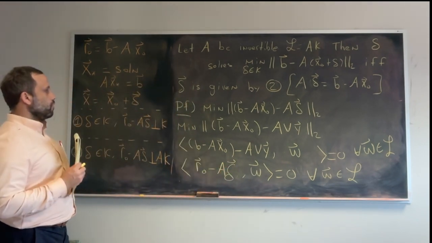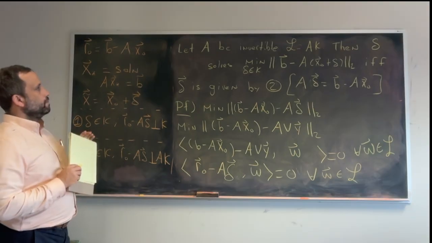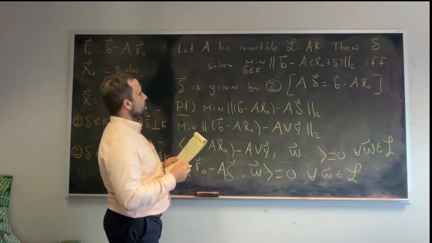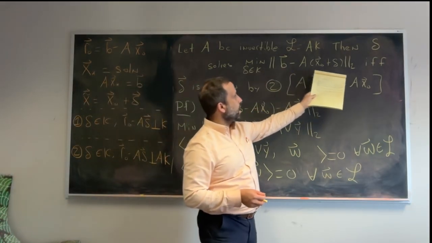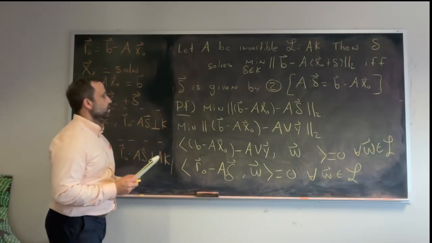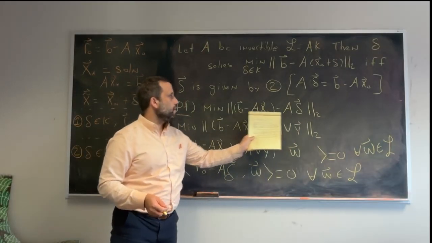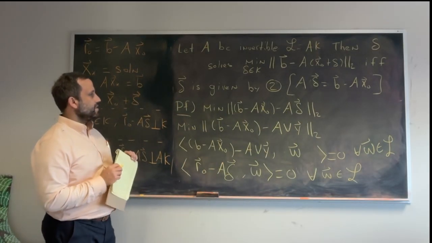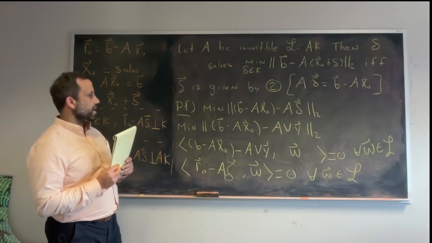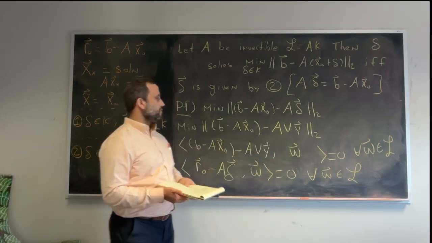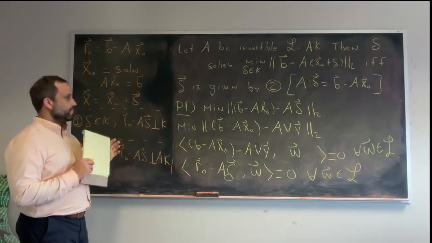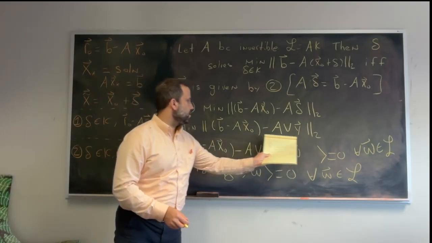Okay, so again, just to overview, we want to find the delta in K such that this error is minimized. That is, we want to minimize this error. We're just using the fact that delta is in the subspace V, so it's equal to V times Y for some vector Y. And so now we want to minimize this.